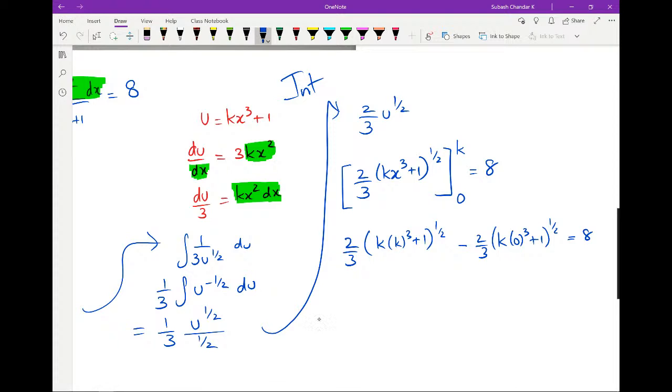Now 2/3 is a common factor, so I can take it out. So I take out 2/3 and I rewrite this as (k^4 + 1)^(1/2) minus, what have I got here? (0 + 1)^(1/2), and that's equal to 8.